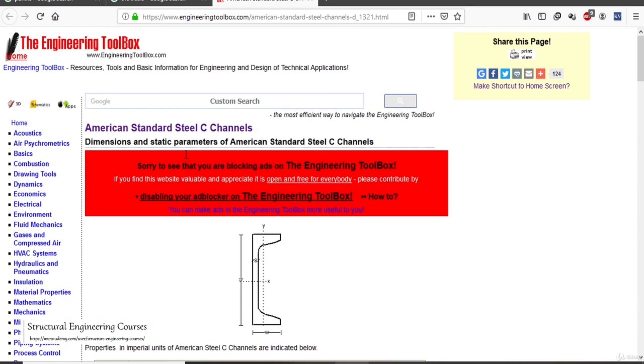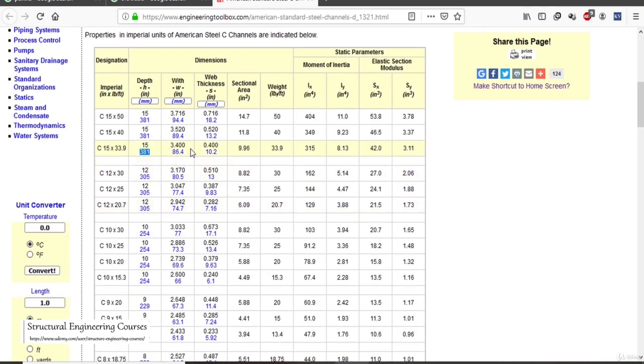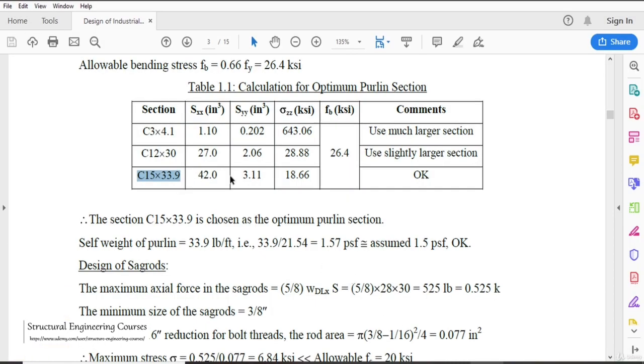Width is 3.4 inches, from this point to this point, approximately 86.4 mm, and the web thickness is 10.2 mm, approximately 0.4 inch. Sectional area is 9.96. Weight is 33.9 pound per foot. Accordingly they have given the elastic section modulus, that is 42 and 3.11, that the author had referred to.